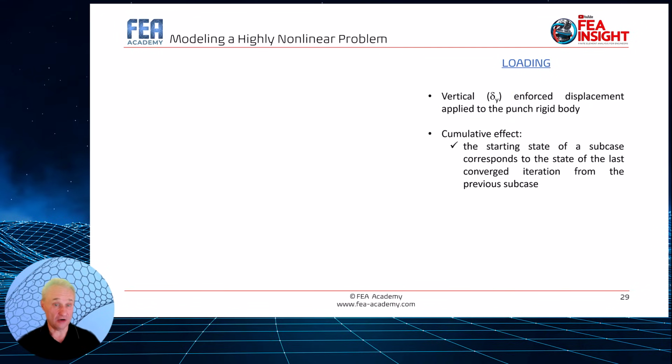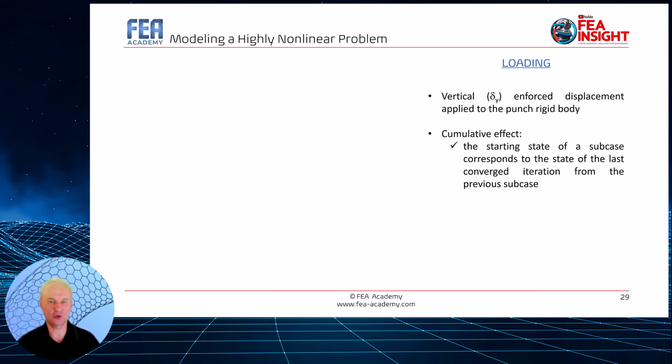The loading now. The loading consists of a vertical enforced displacement applied to the punch rigid body. Since the solution is nonlinear, the cumulative effect is taken into account, and the starting state of a subcase corresponds to the state of the last converged iteration from the previous subcase.